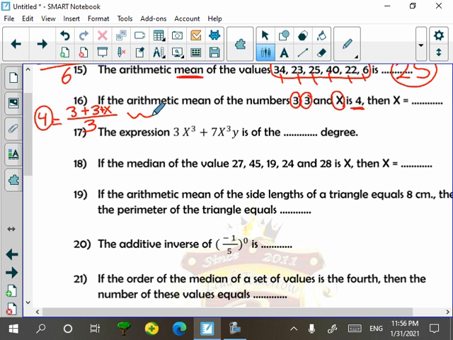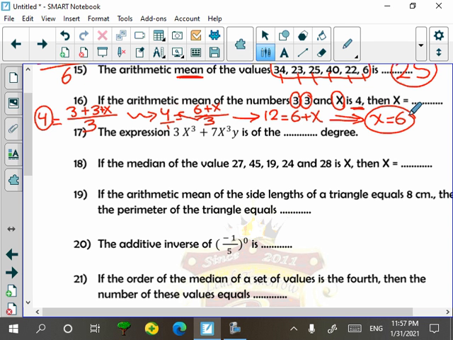Okay, then we can write 4 equal 3 plus 3 equal 6 plus x over 3. By cross multiplication, then 3 times 4 equal 12. Then 12 equal 6 plus x. Then x equal 6. 12 equal 6 plus x, sorry. Then x equal 6.